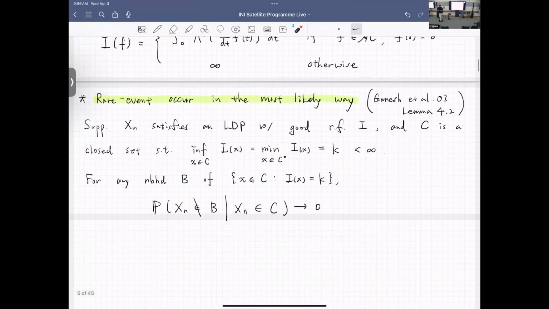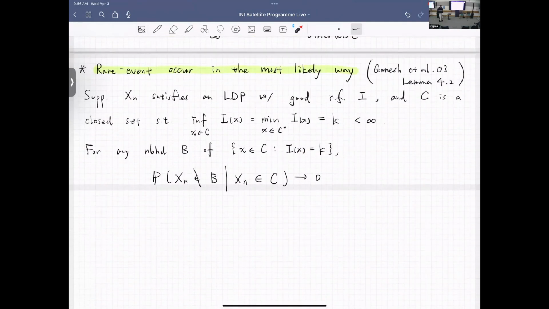All right, so this theorem tells you that a rare event happens in the most likely way. The statement of the theorem goes this way. Suppose that C is a closed set, and you take the infimum of the rate function I over C. Because I is a rate function, you know that the infimum is attained.